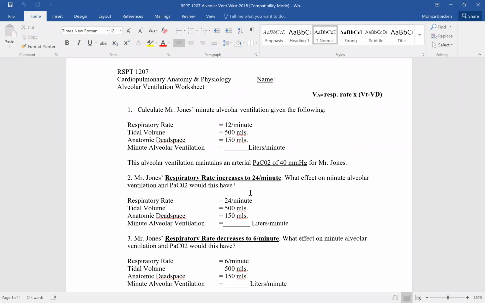And if it's lower than normal alveolar ventilation, then you're going to have an increase in retention. Okay, so decreased alveolar ventilation, increased CO2. If your alveolar ventilation is higher than normal, then you're going to have a decrease in CO2. And your substitute can kind of elaborate on that if you have a little trouble or don't quite understand.